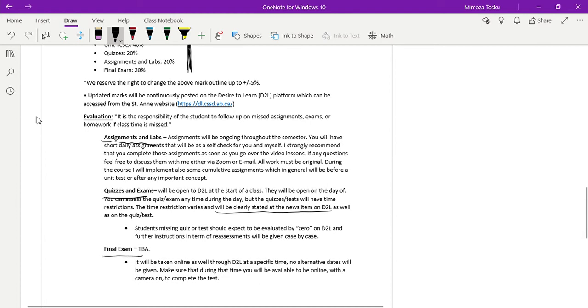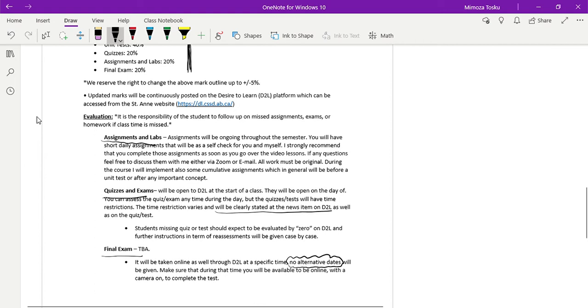The final exam, the date for the final exam, it's still up in the air, it's not defined yet. However, it will be the same way as the other quizzes and tests, on D2L at a specific time, and it is important that there will be no alternative dates for it.